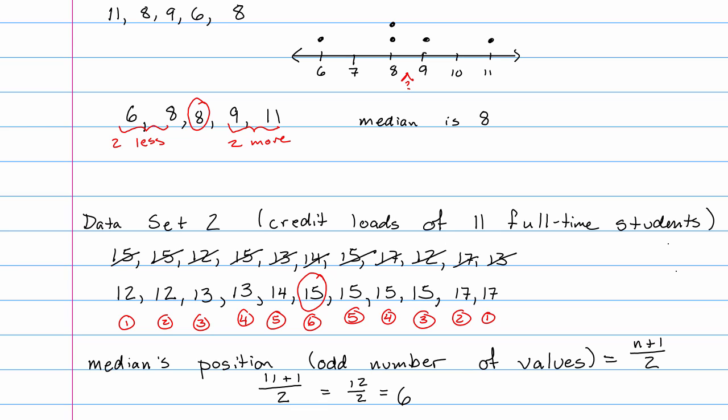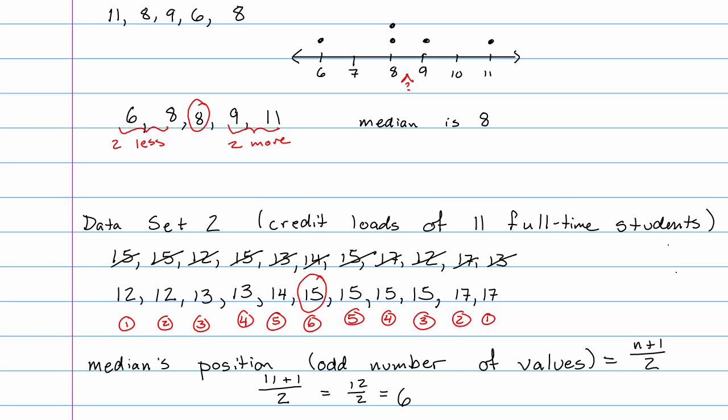Right, so we have six numbers over here and six numbers over here. Those add up to all of the numbers, but there's one extra in the middle. So that's why that formula works.